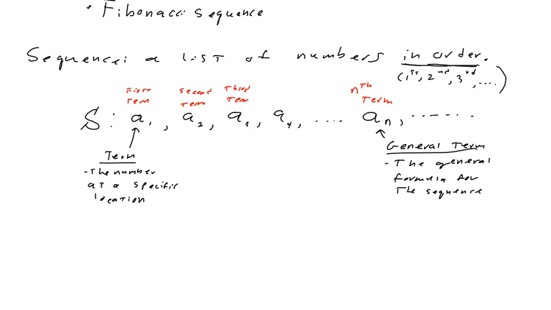It represents the formula, the equation that we're going to use to find this particular pattern. So the nth term is what we use for the general equation. So we have these terms at specific locations, the first, second, third term, etc. We have our nth term.